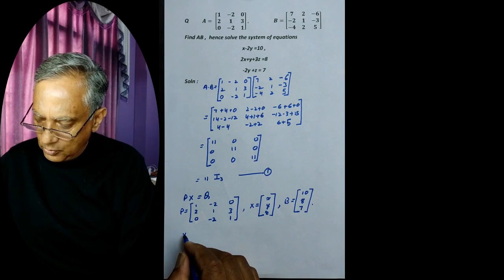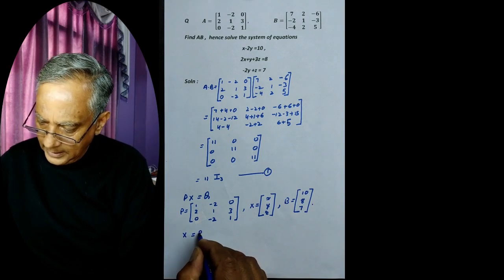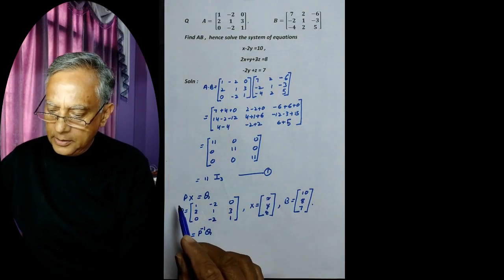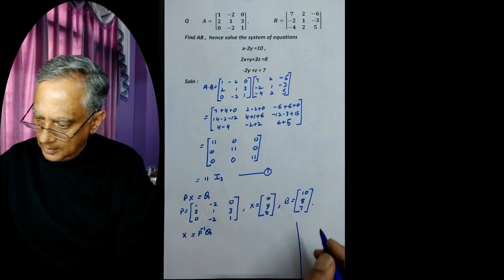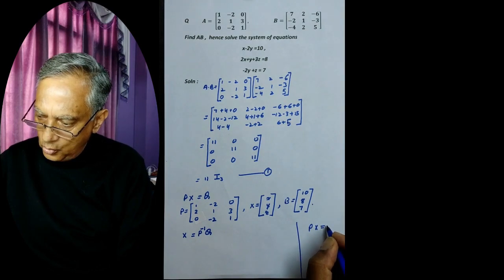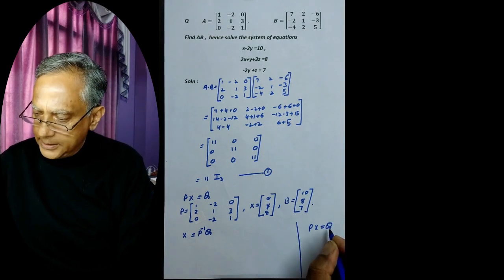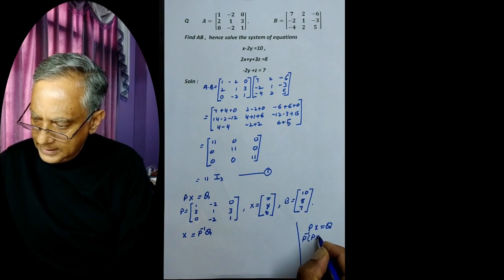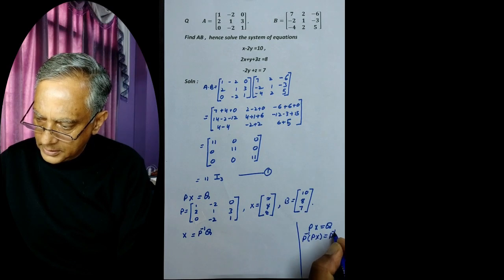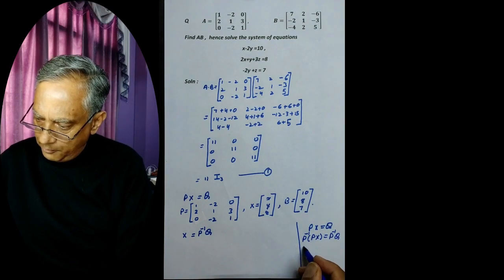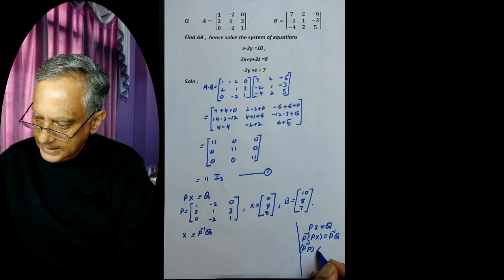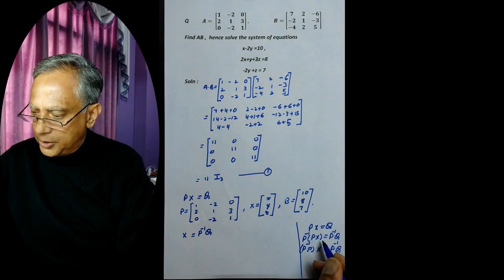And solution is X equal to P inverse Q. Px is equal to Q. Multiply both sides by P inverse. P inverse into Px is equal to P inverse into Q. So this will be P inverse P into X is equal to P inverse Q using associativity.